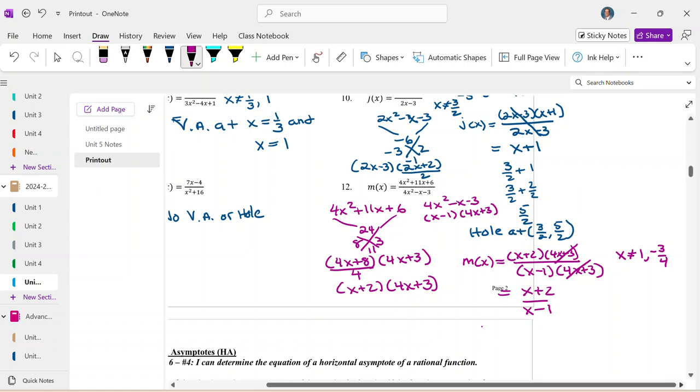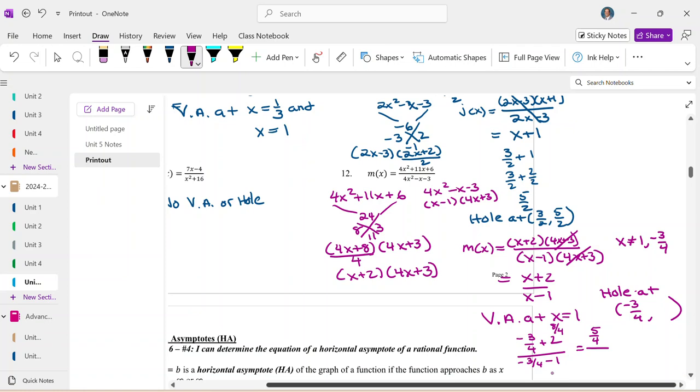So that means there is a vertical asymptote at x equals 1. However, there's going to be a hole at negative 3/4, and now we have to put in the negative 3/4. So negative 3/4 plus 2 over negative 3/4 minus 1. 2 is going to be 8/4, so that gives us 5/4.